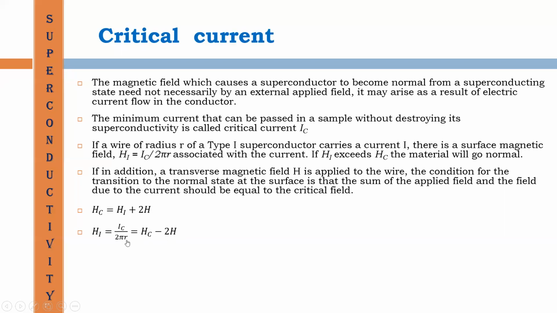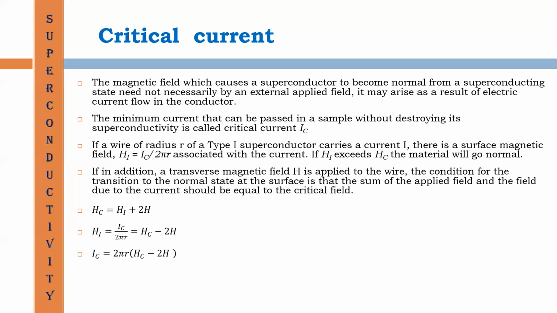That is equal to IC divided by 2 pi r. Okay. Then we can write IC is equal to 2 pi r into (HC minus 2H). Then look at the expression.